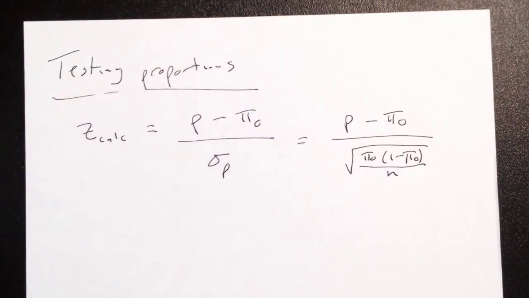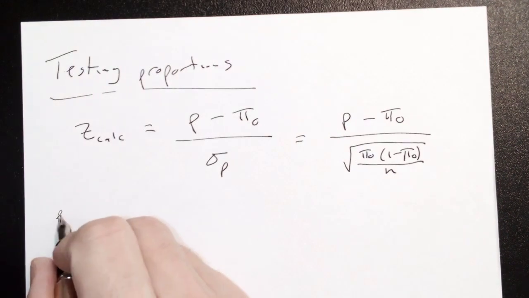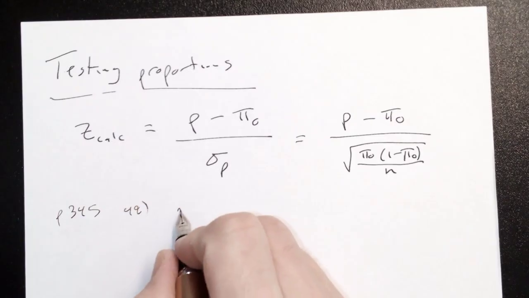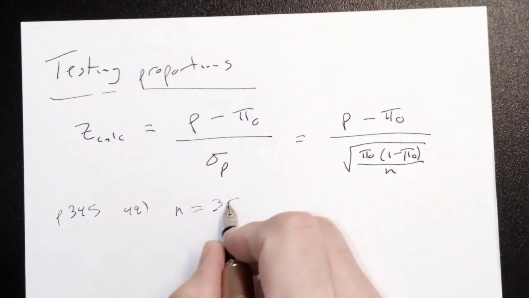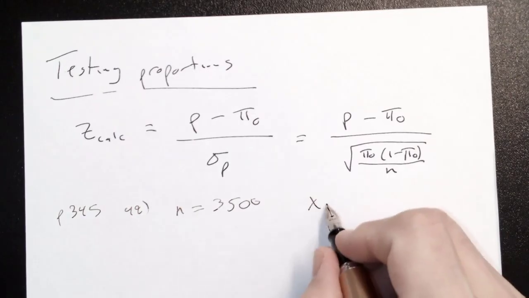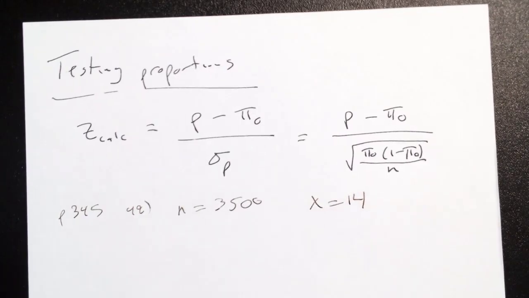A hospital shipment of 3,500 insulin syringes. 14 of them are defective. Well, I got 3,500 syringes, and 14 of them are defective.